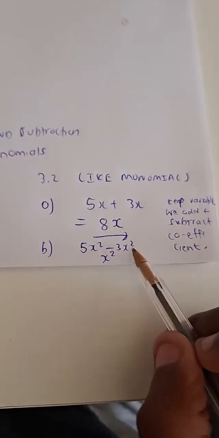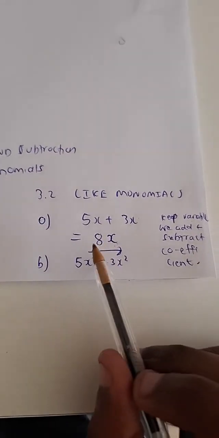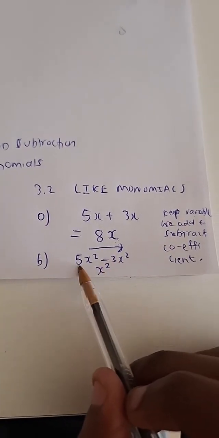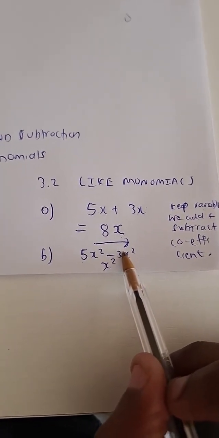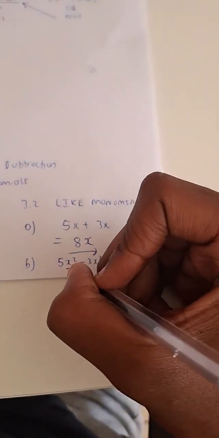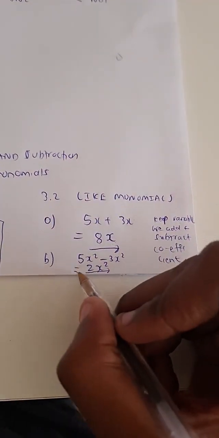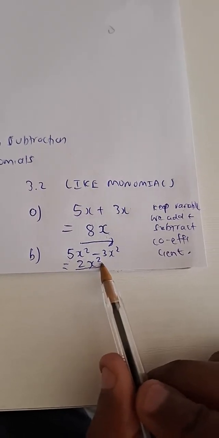That is what makes these two terms like. So we keep that. Then we do what? We subtract the coefficient. The coefficient here is 5. The coefficient here is negative 3. So the $1 million question is, what's 5 minus 3? Guys, surely it's not even $1 million. So therefore the answer is 2x squared.